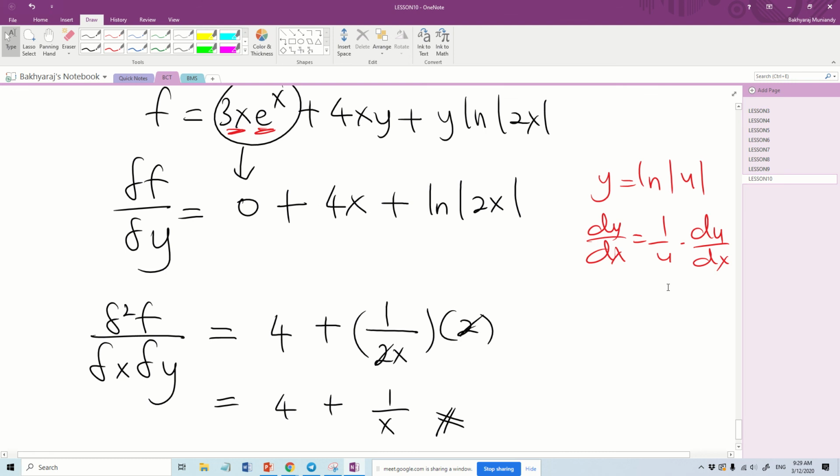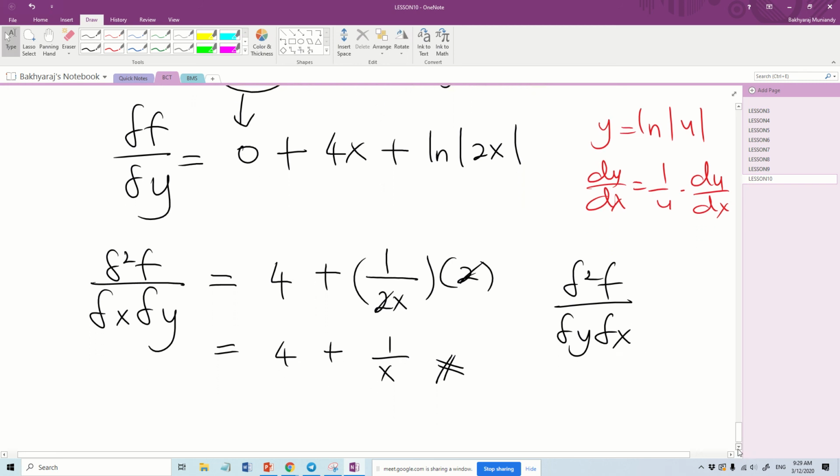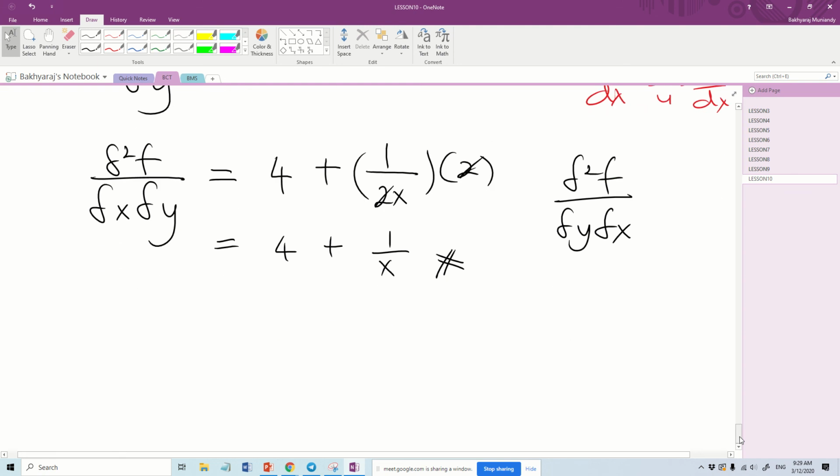Okay, now again the same question. I want to go with x first then y. I want us to do this question again, but this time I want you to try delta square f over delta y delta x. So what was function f earlier?